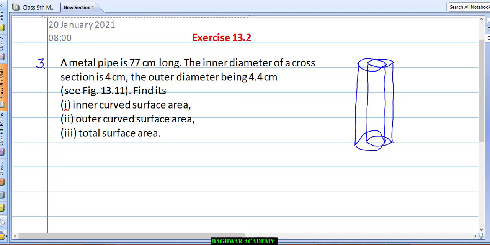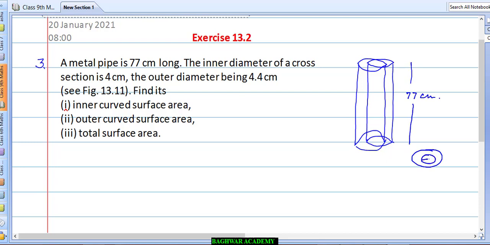So we have been given a pipe which has height or length 77 centimeters. The inner diameter of a cross section is 4 centimeter. Suppose you have a pipe and the base is like this.